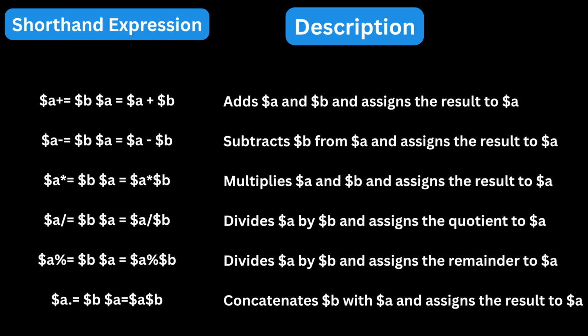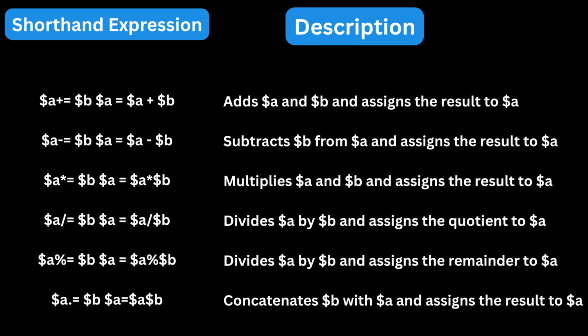It divides $a by $b and stores the quotient, the result of the division, back into $a. The related operator, $a %= $b, represents $a = $a % $b. It divides $a by $b but keeps only the remainder of that division. This remainder operation is very important in tasks such as checking whether a number is even or odd, or wrapping values around a fixed range, like cycling through days of the week.